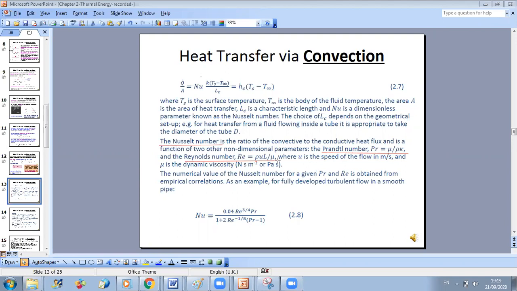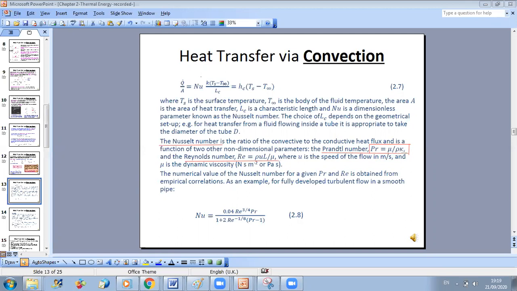So you will look at the dimensionless numbers that involve the characteristics you want. So we talked about viscosity, density, and conductivity. All of these properties can be found in what we call the Prandtl number. The Prandtl number is a dimensionless number which is a function of the viscosity of the fluid, the density of the fluid, and the conductivity of the fluid.